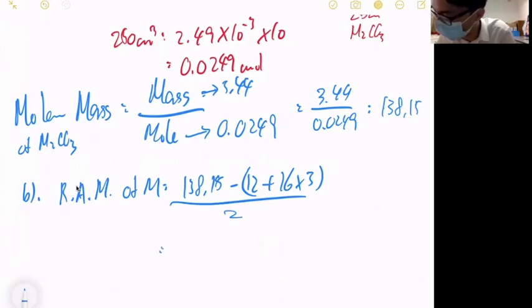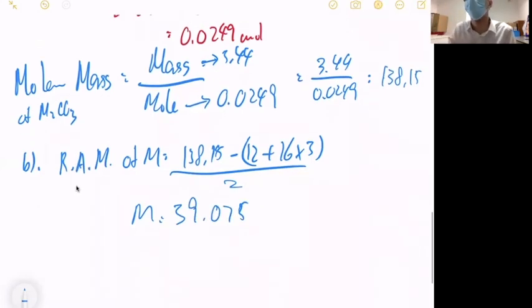So finally, the relative atomic mass of M will be 39.075. So refer to the periodic table, you will get M will be equal to potassium. So it will be potassium carbonate. That is the calculation here.